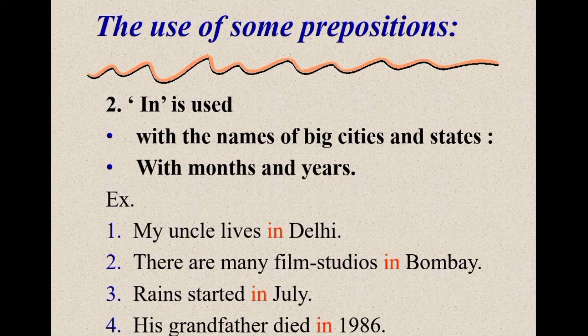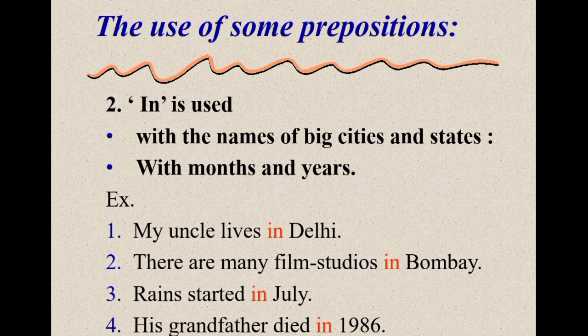Next, second sentence. There are many film studios in Bombay. So here Bombay is the name of a big city, so we have used in. Third, rains started in July. As we have seen, with months and years we use the preposition in. July is the name of a month, so we have used in.